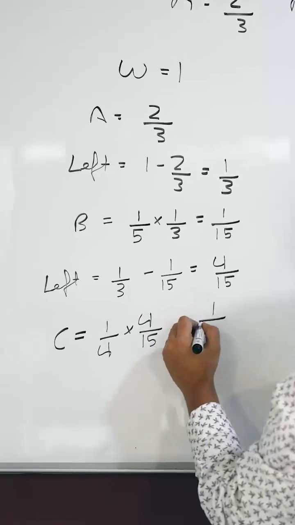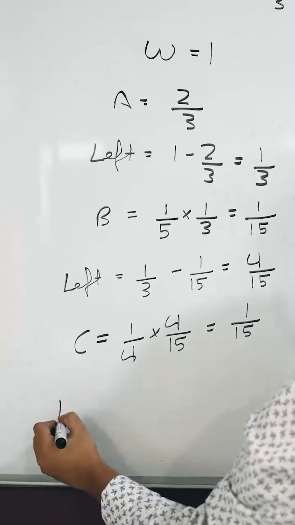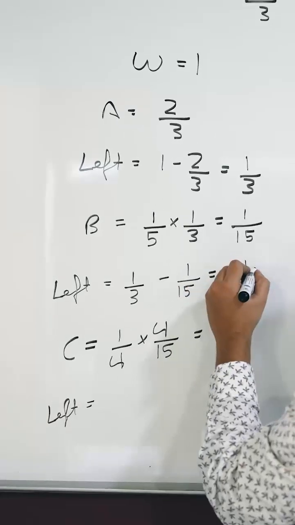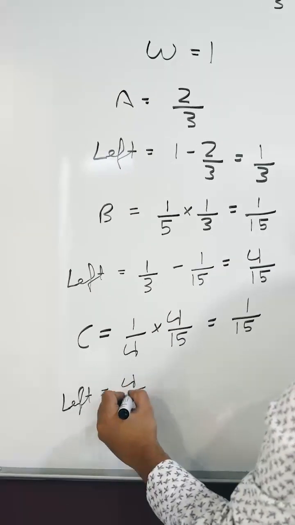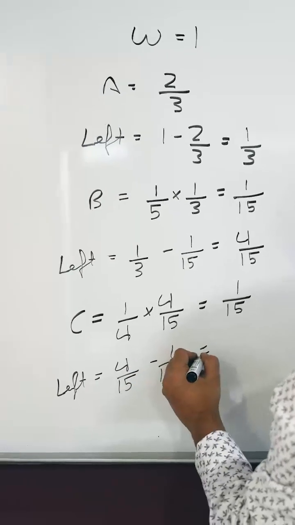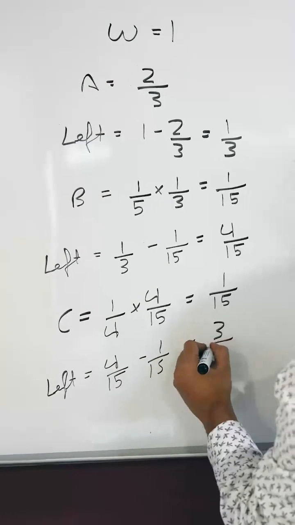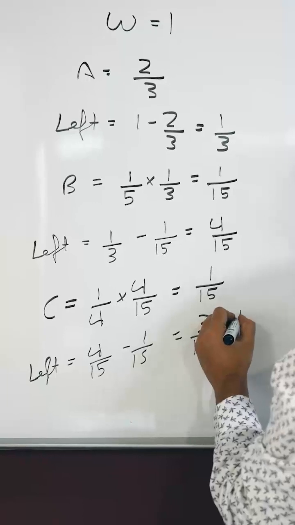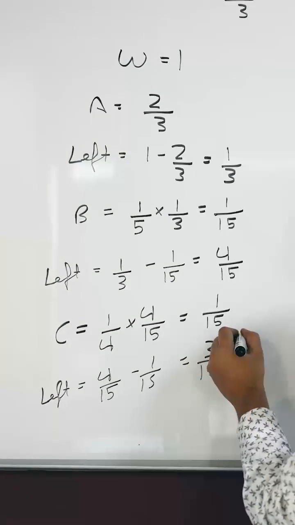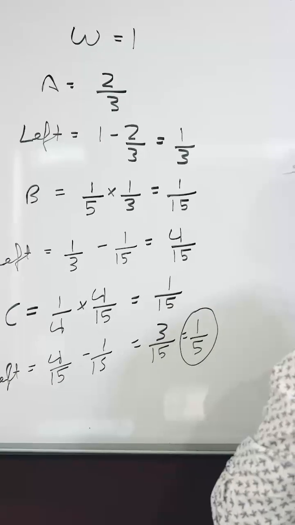C also did 1/15. Now how much work is still left? Previously work left was 4/15. C came and finished 1/15. So how much work is still left? That's 3/15, which is eventually 1/5. And the question is asking what fraction of the work is left, which is nothing but 1/5.